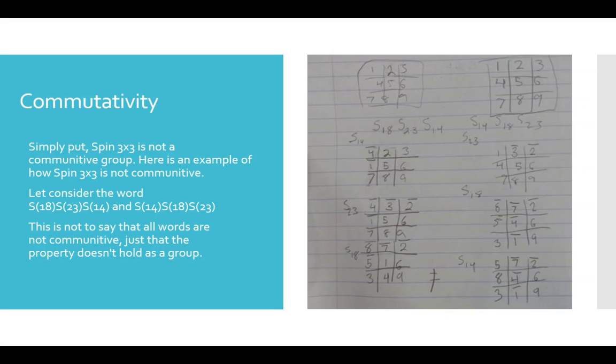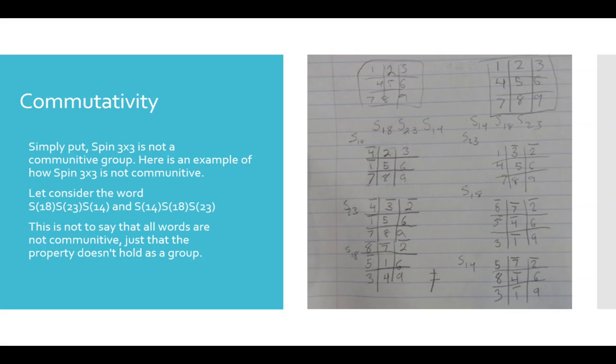And here's an example of two words that are not commutative. Let's consider the word spin 1, 8 and spin 2, 3 composed with spin 1, 4, and spin 1, 4 composed with spin 1, 8 composed with spin 2, 3.